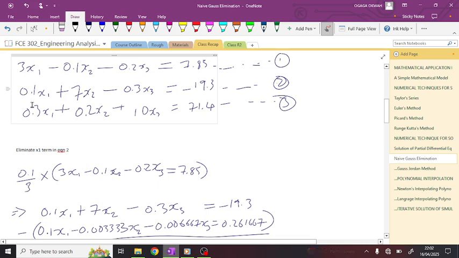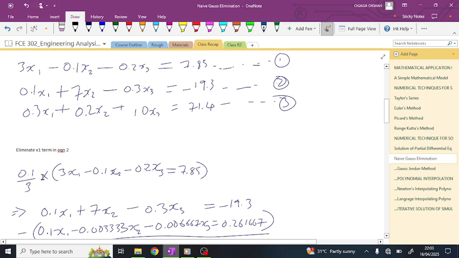0.1. Now, what to do is this. That 0.1, the coefficient, you bring it here, divided by the coefficient of equation 1. Now, what you have inside here is what you have in equation 1. So this is the coefficient of the x1 term in equation 1.